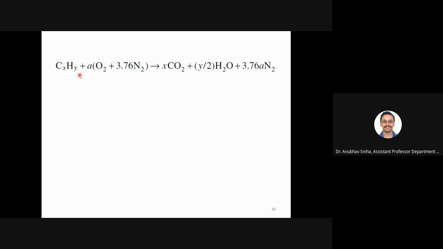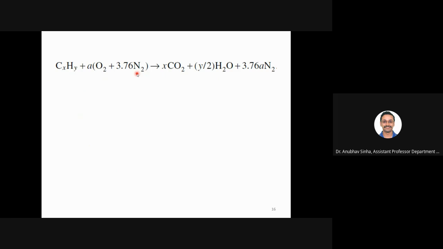If you write a balanced reaction, again with a stoichiometric ratio, all the reactants are getting consumed. Which reactant is not getting consumed? Can anyone tell me? Nitrogen. Correct. Nitrogen will not react.